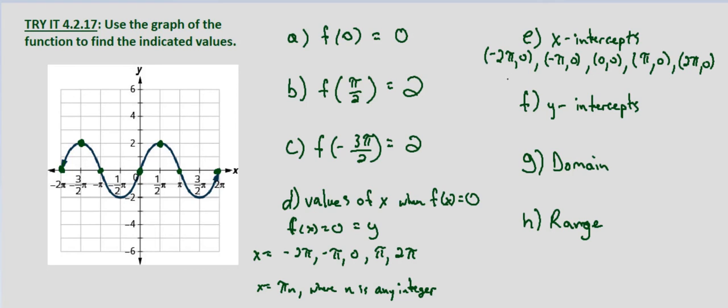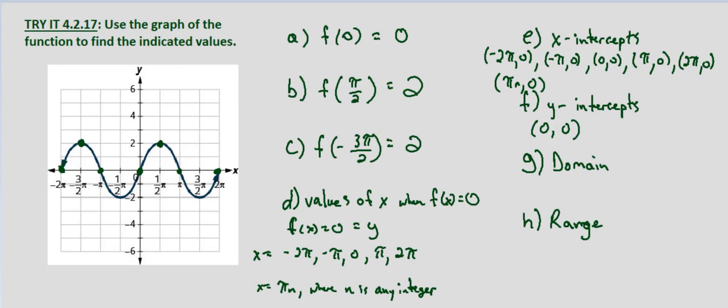And again, technically, we're not asking for this right now, but technically, the x-intercepts would be at n pi, 0, where n is any integer. But as far as our graph is concerned, these are the only ones that we can see on our graph. Now the y-intercepts, there's only one. It's right here at 0, 0. So our y-intercept is 0, 0.